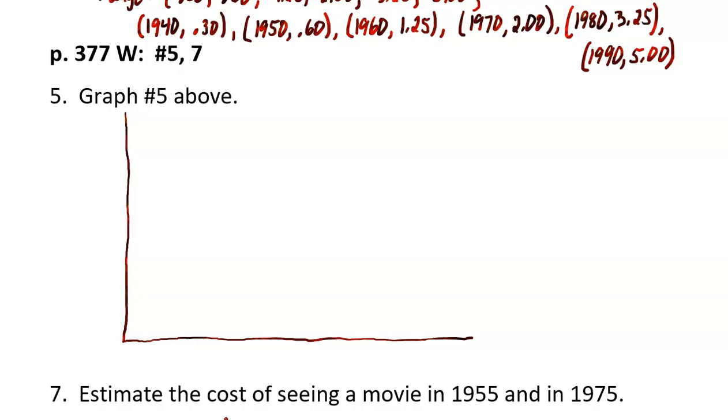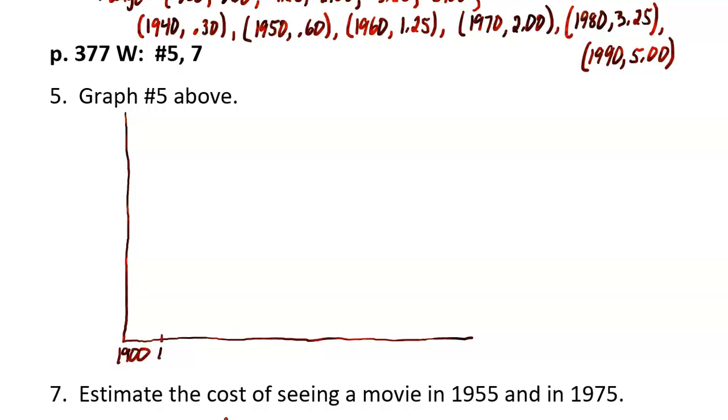Now, the domain is given along the x-axis. So across the bottom is where you're going to list the elements of the domain. If the origin point is given the year 1900, then you can decide what to count by.